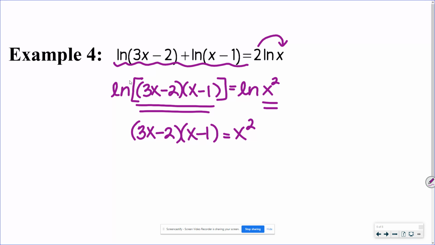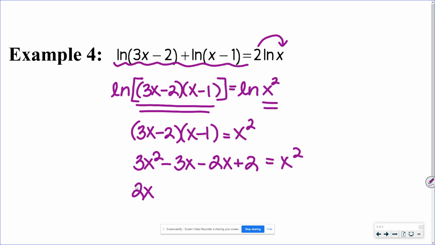So what you've just done is turned a logarithm problem into just a regular old polynomial problem. So your next move is going to be to distribute and put all your terms on one side. Combine like terms as you go. And then once we get to this point here, we're going to factor.